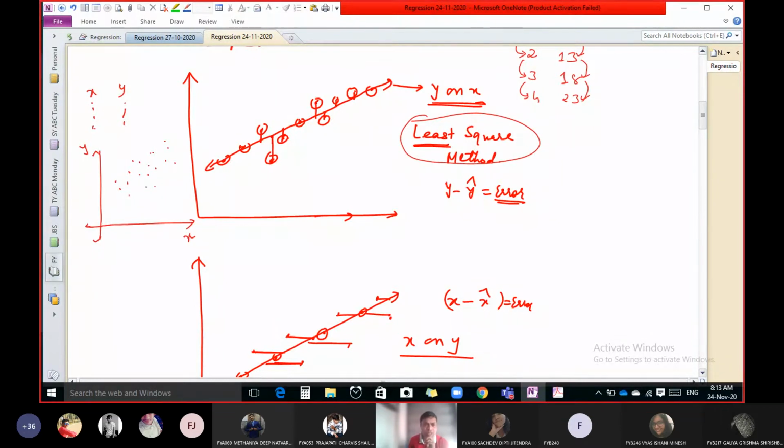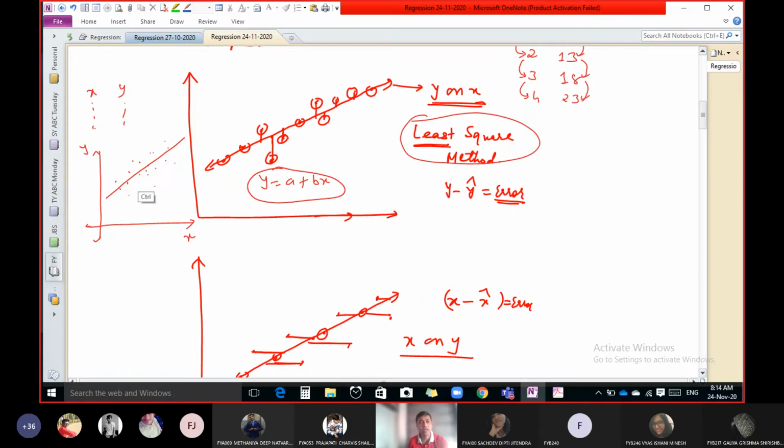Now the question is, we want to find out the value of y for the given value of x. For that we are required to find one line, known as the regression line, a linear line. You can draw a line like this, or like this, or like this. Any type of line is possible.